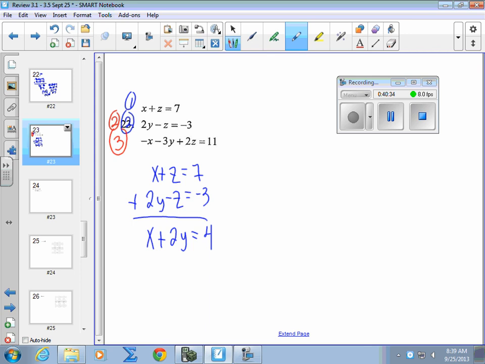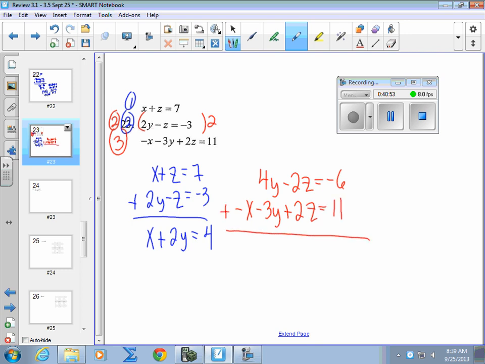Alright, so we need to multiply this equation by 2. We have 4y minus 2z is equal to negative 6. And we have negative x minus 3y plus 2z is equal to 11. So we get negative x plus y is equal to 5. So we have our equation 4, we have our equation 5.